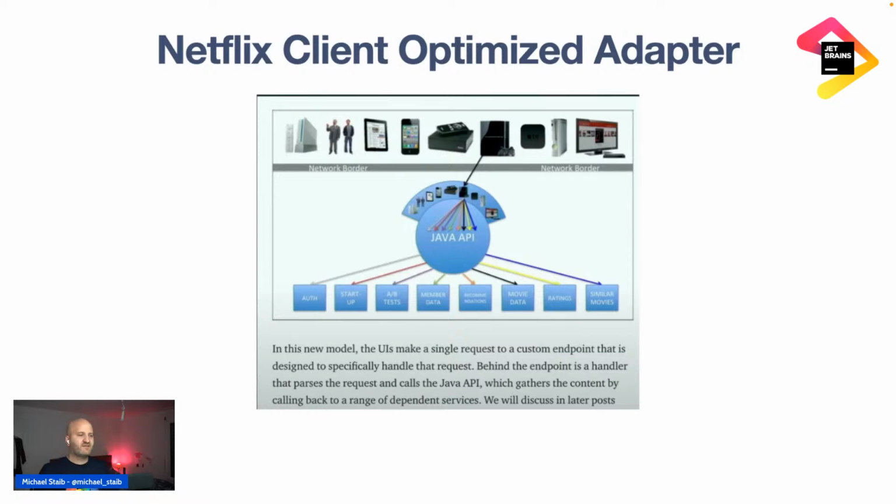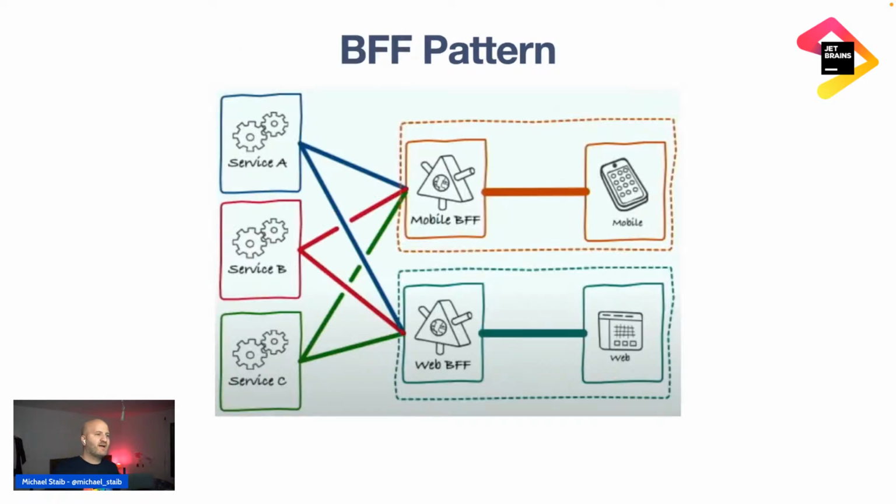Like Xbox had different APIs than, for instance, the iPhone or the Nintendo. So it was not just that Facebook looked into that problem, it was actually a couple of companies that dug into the same issue.